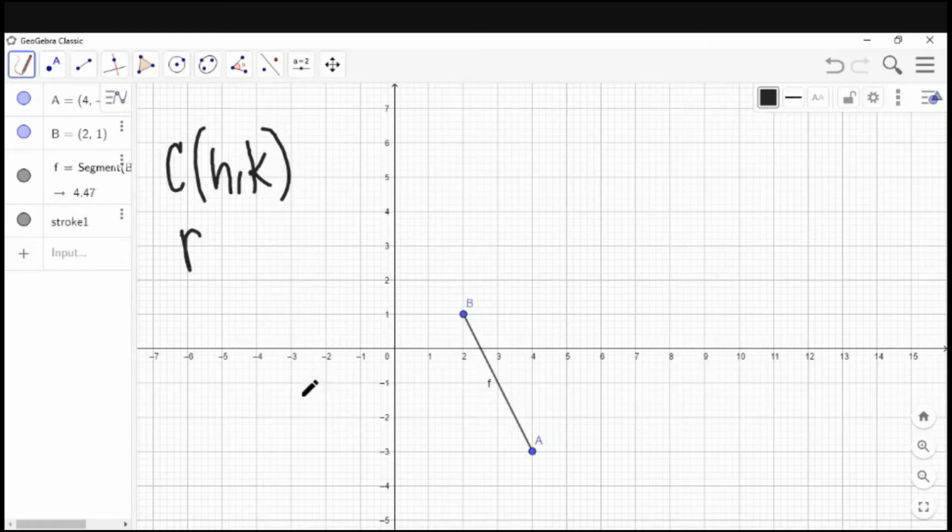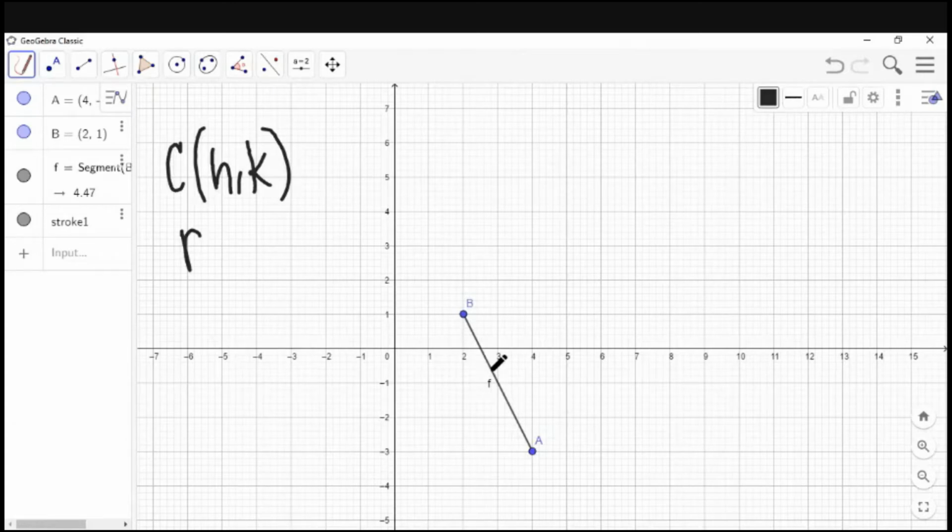Now I have to identify the relationship of these values with my diameter since I only have the diameter as the given. So from this diameter, I need to get the coordinates of my center, and the value of my radius.